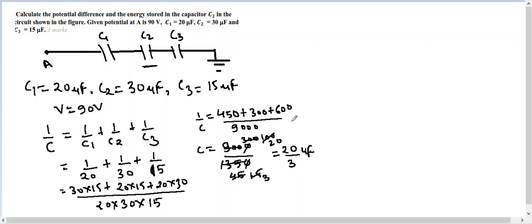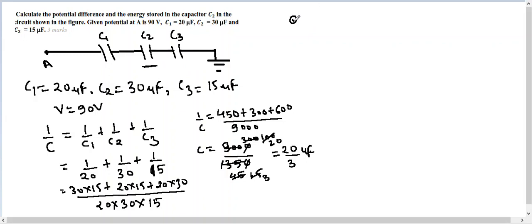Now let's talk about the charges. We know that when the capacitors are connected in series, the total charge remains the same. Therefore, we can find the charge across the capacitor C2, which can help us solve further for the potential difference.